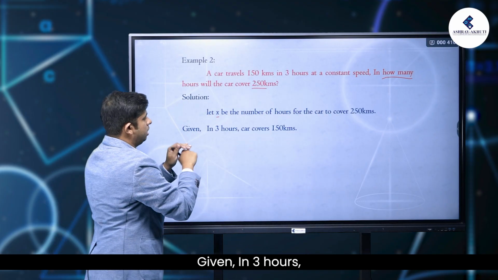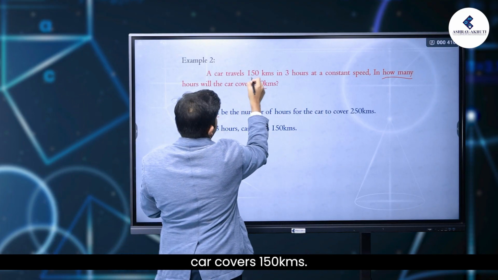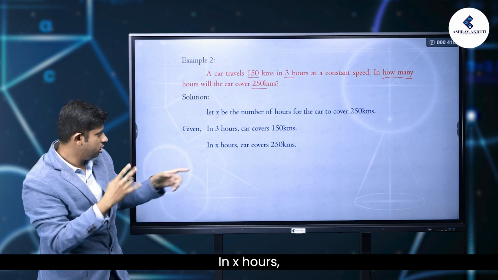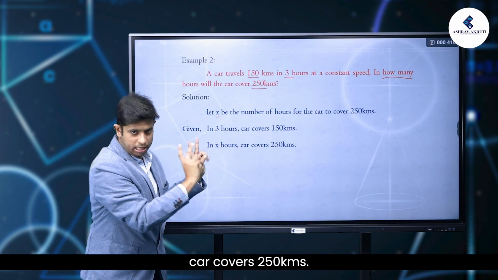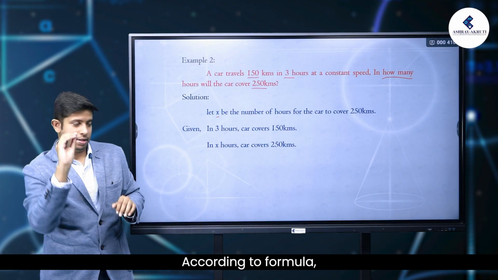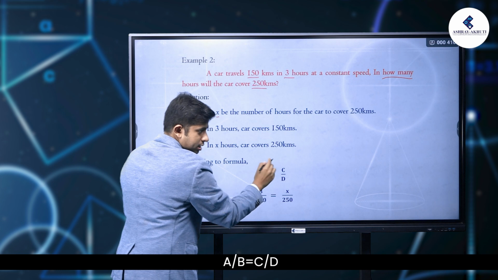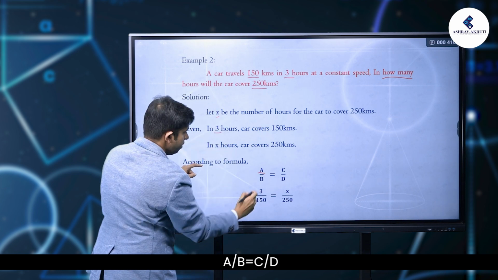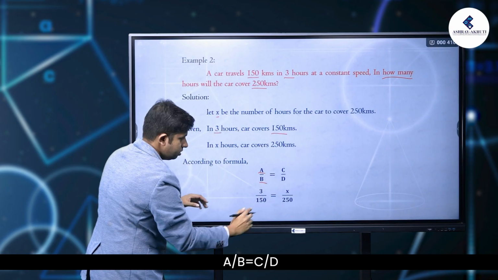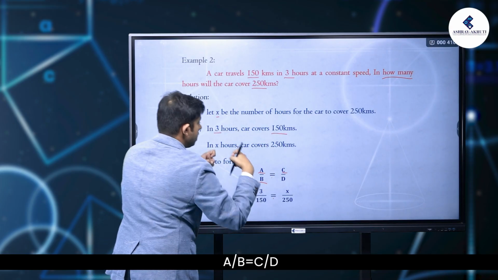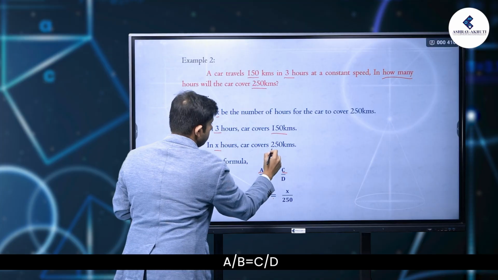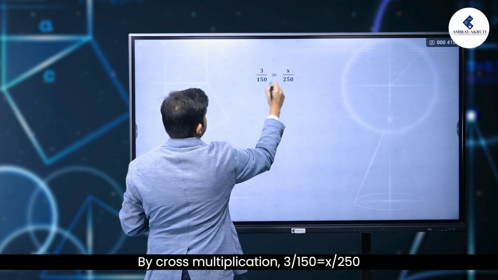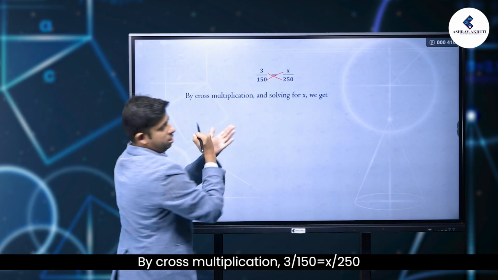Given in 3 hours, car covers 150 kilometers. In X hours, car covers 250 kilometers. According to the formula, A by B is equal to C by D. By cross multiplication, 3 by 150 is equal to X by 250.